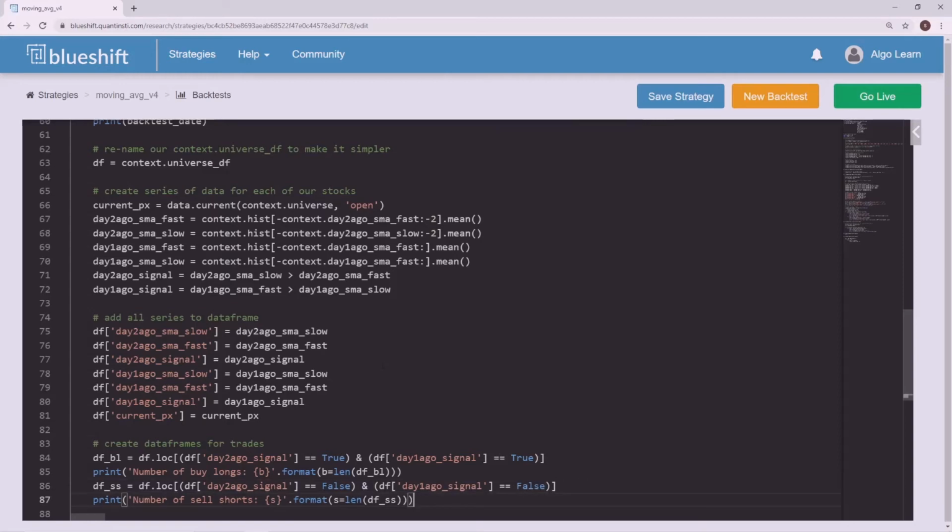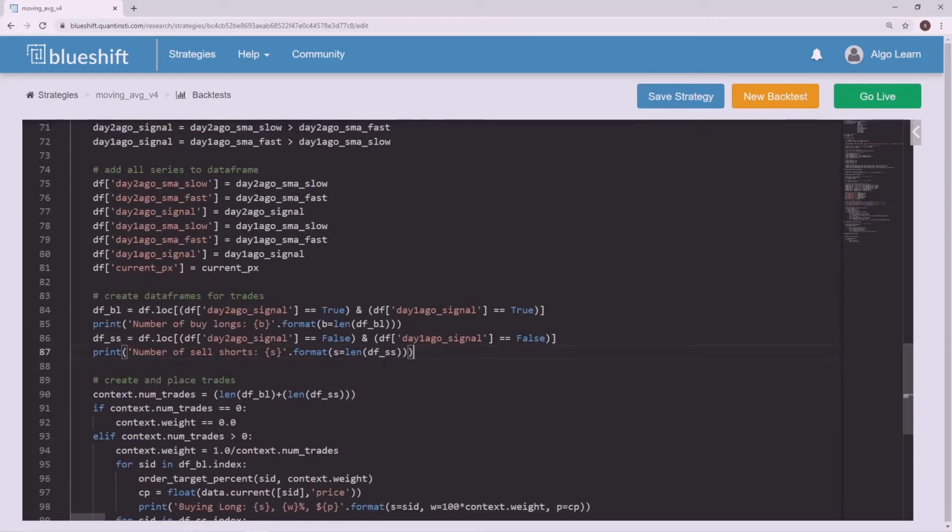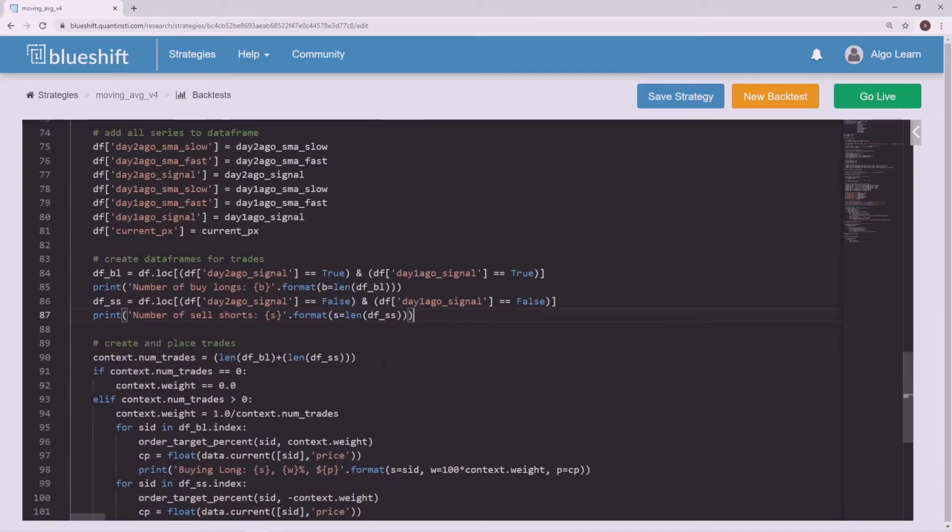So now we have our data frames for our trades. And that will work for us. Remember, here's how we're going to create and place our trades. We want to know the number of our trades, so we've got to work on our weighting first. We know how many stocks are in our buy strategy and how many are in our sell strategy.